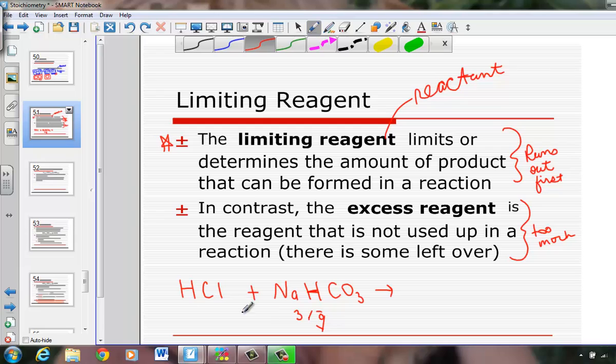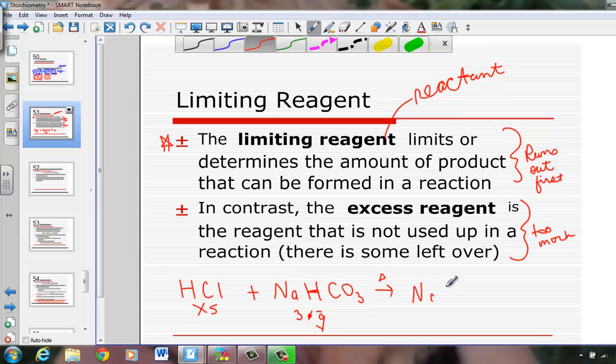And we poured in excess amounts of hydrochloric acid. All it would matter is if I made sure that my 3 grams of baking soda was completely consumed, I can pour on all the excess acid I need to, because at the end, if you recall, we dried it over a flame.